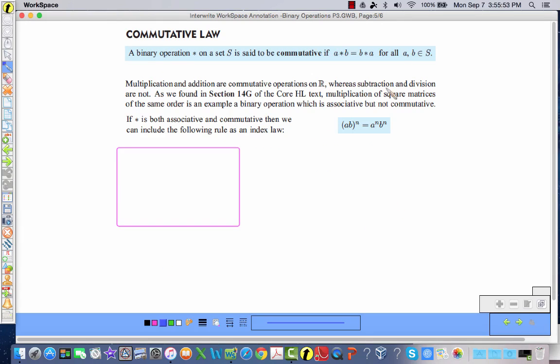And now we're going to talk about the commutative property, and you'll recognize the notation here.